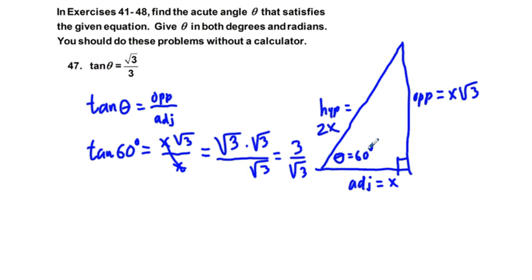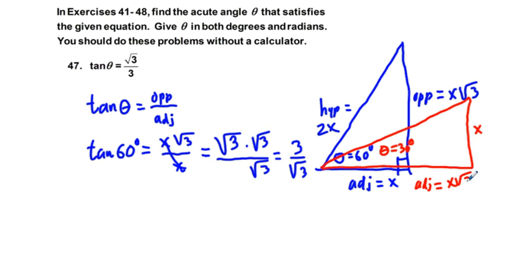So for that, I'm going to superimpose my 30, 60, 90 degree triangle like this. And here it is, I'm drawing in red. And for this one, I'm going to put theta equals 30 degrees. And we have our opposite side is x. Our adjacent side equals x square root of 3.